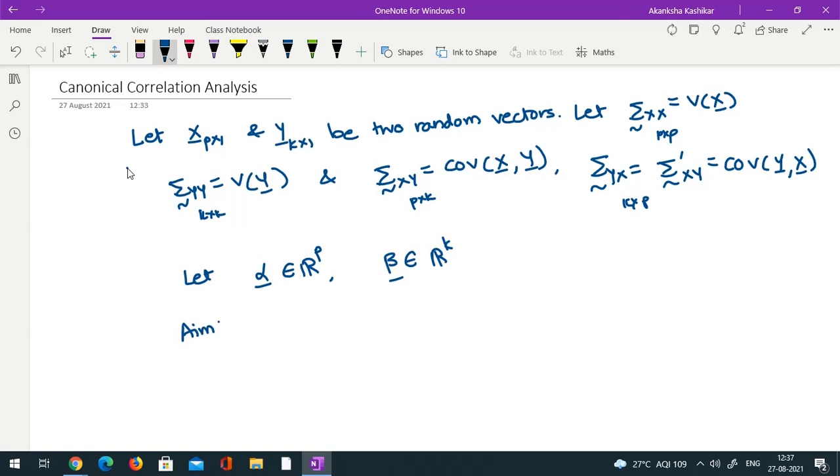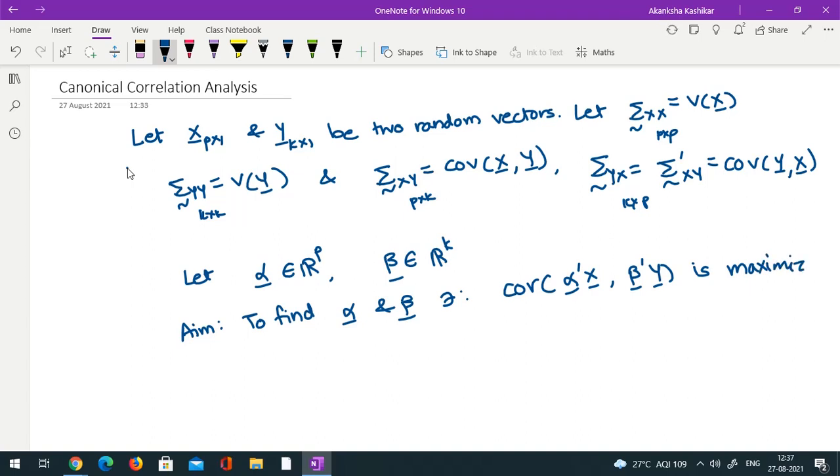Our aim is to find alpha and beta satisfying of course these conditions such that correlation between alpha prime x and beta prime y is maximized, right? Choose alpha and beta in such a way that correlation between alpha prime x and beta prime y is maximum. Is it okay? This is our aim.